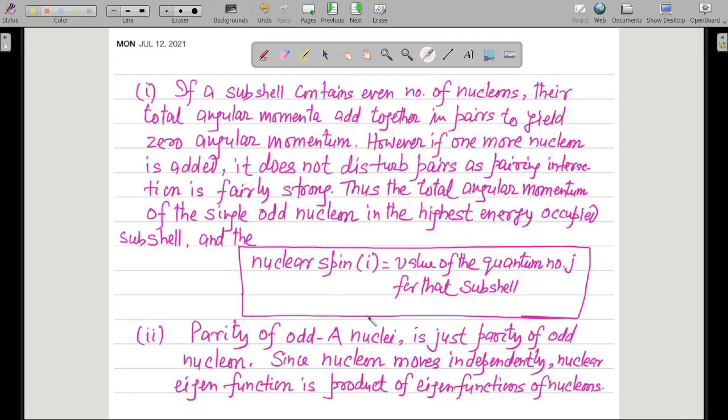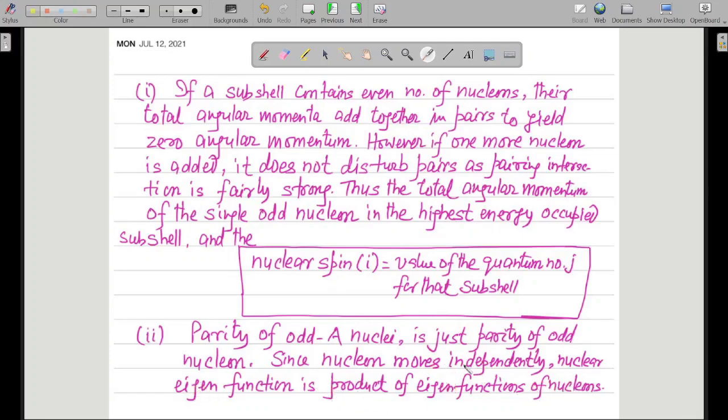Whenever a group of particles is moving independently, then the eigenfunction of that complete group of particles will be a product of the eigenfunctions of the individual particles. So nucleons, as they are moving independently, the nuclear eigenfunction will be the product of eigenfunctions of nucleons.